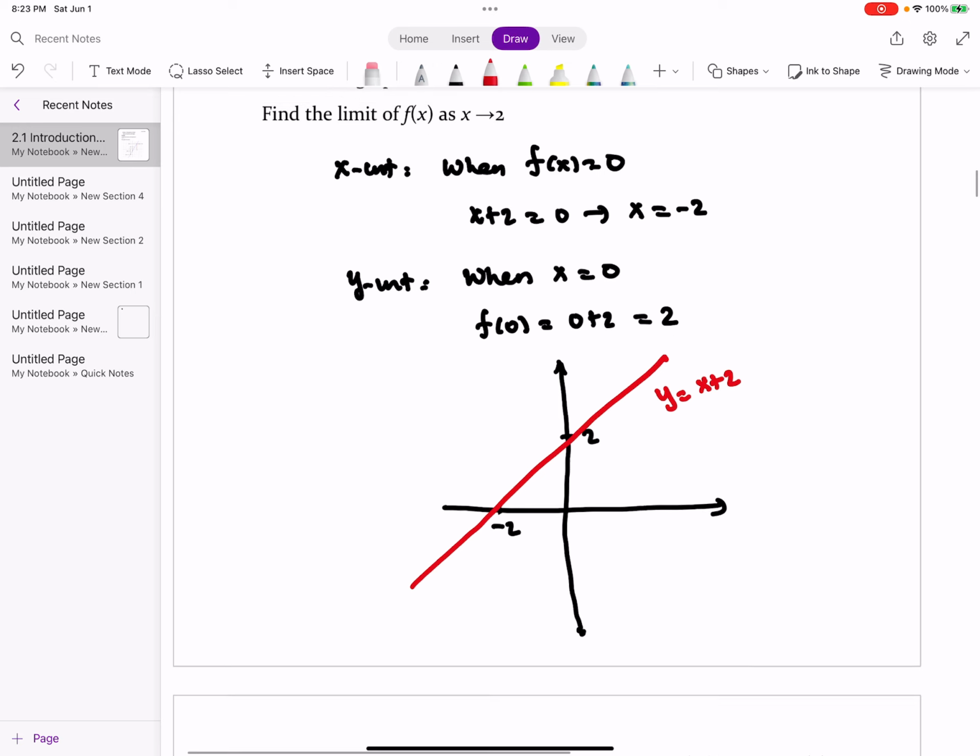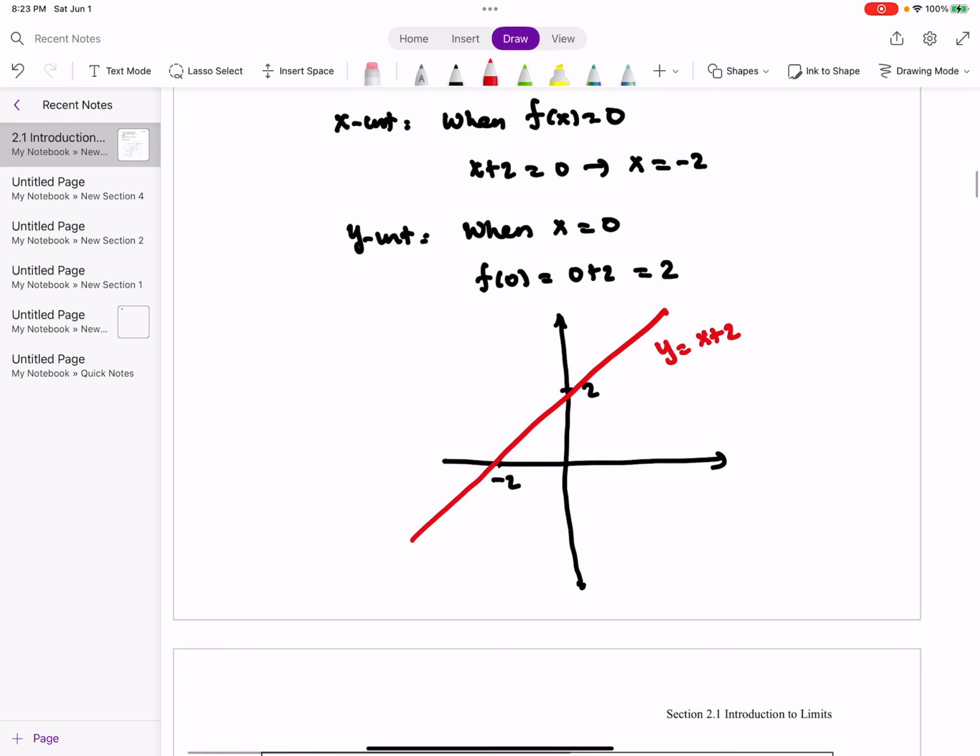Now when x goes closer to 2, let's say this is 2, so what will be the value of y? In order to evaluate this, assume that you are getting closer to 2 from the left and getting closer to 2 from the right.